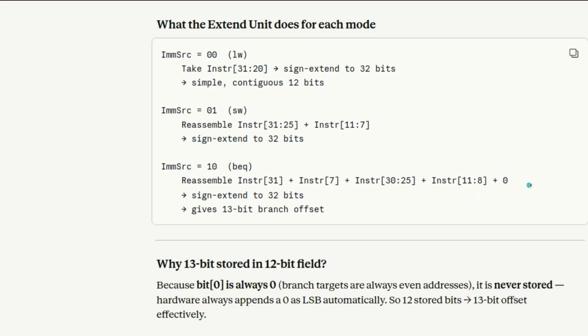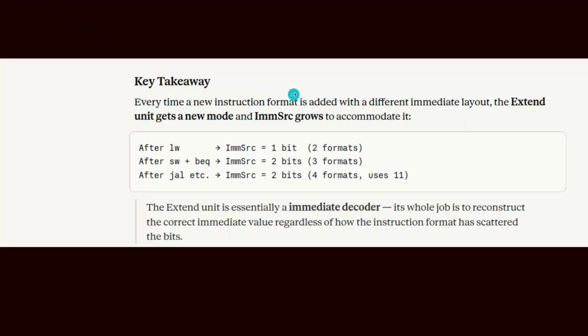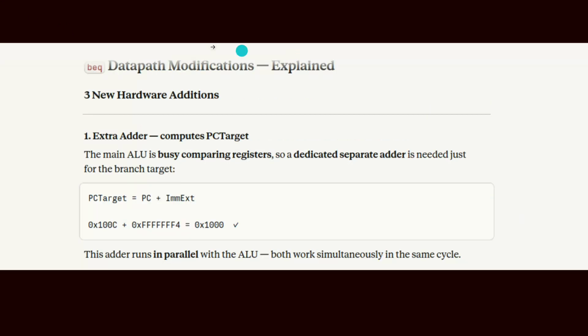Hardware actually does that. Because the branch target is always an even address, there would always be a 0 at the LSB, which is appended by the hardware itself. Therefore we don't need to store it separately. So you have understood about the immediate SRC.